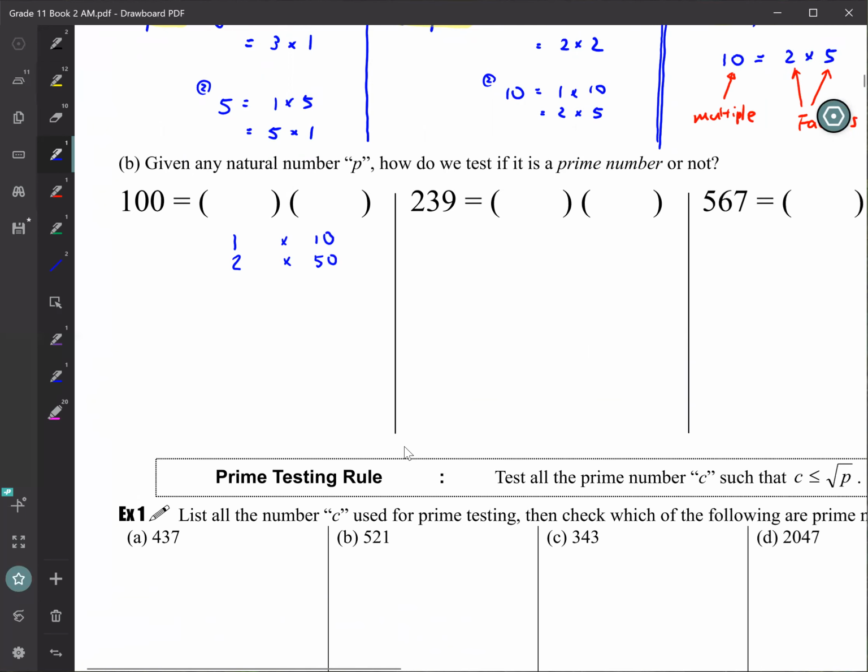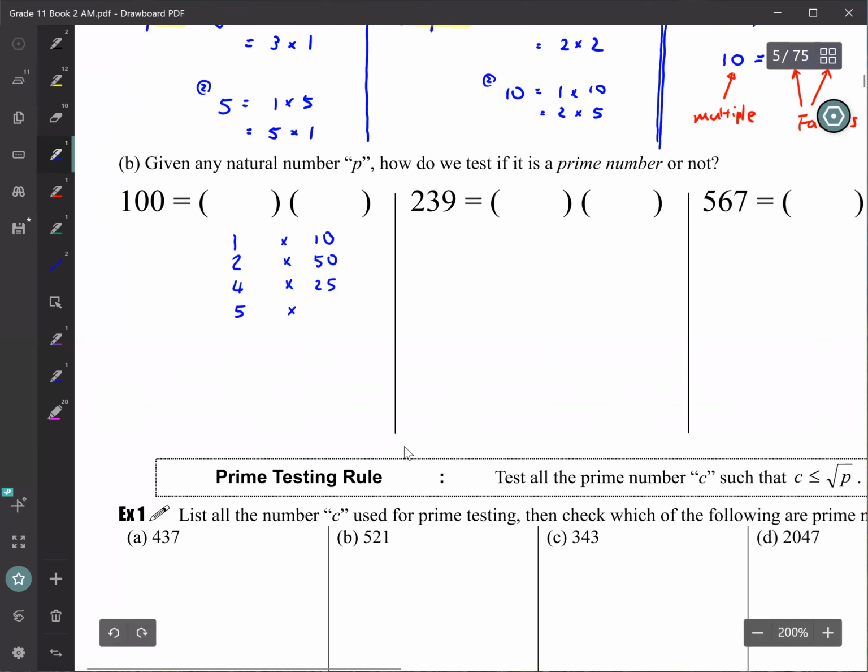So what will be the next factor coming up? Aaron? 4. 4, very good. 4 times what? 25. 25, okay. And carry on. What is the next one, Brennan? 5 times 5.